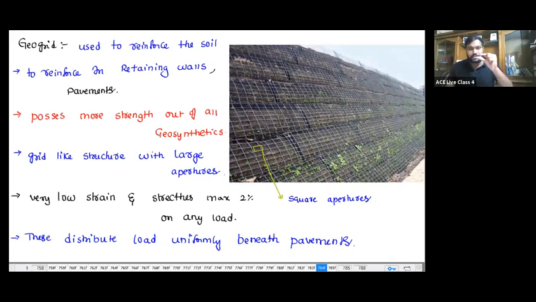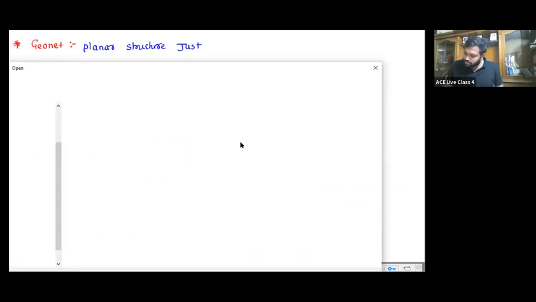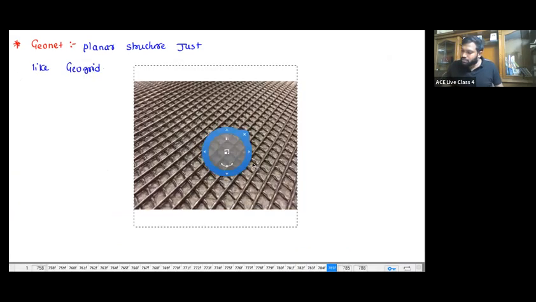The thickness is less. But you see, the GeoNet is a planar structure, just like GeoGrid. So this is a GeoNet.